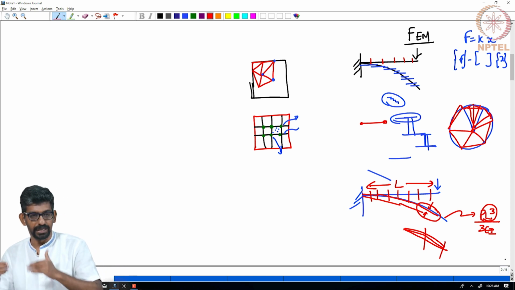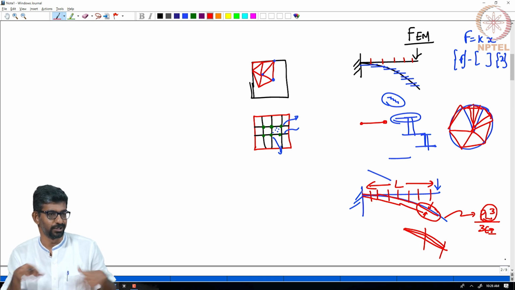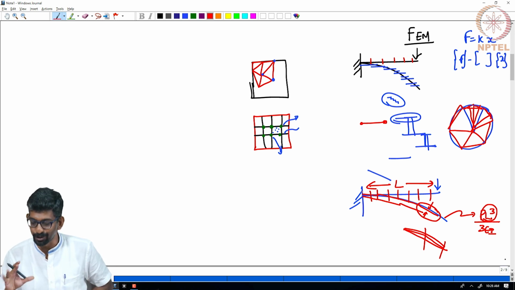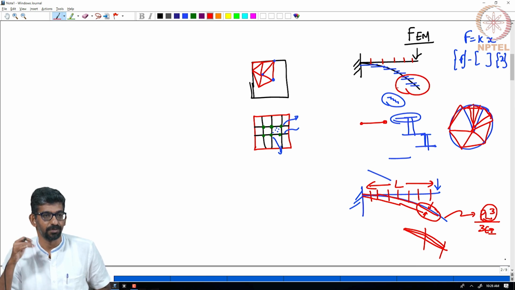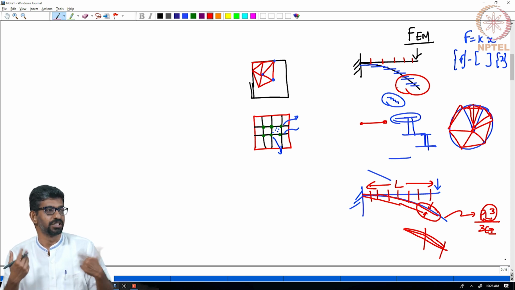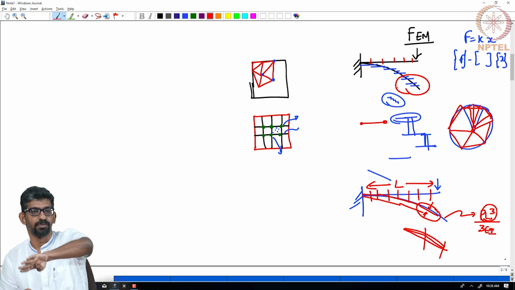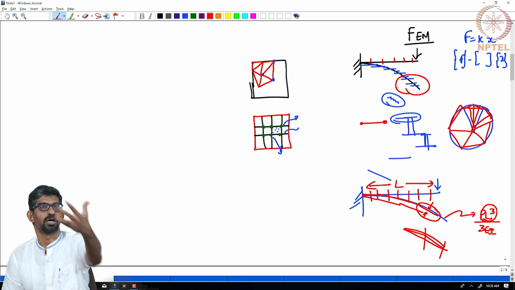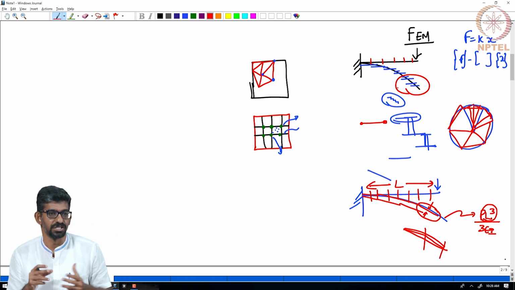The whole idea here, what I want you to appreciate is, of course, it is great if you appreciate the nodal points and finite element and all that, but what I want you to appreciate is we are eventually interested in the shape of my deflection, shape of my stresses. Yes, there is a math that is inbuilt into it, but from an end user perspective, there is some shape that this guy is going to deflect. I want to approximate that shape, so that I can visualize, I can make decisions.